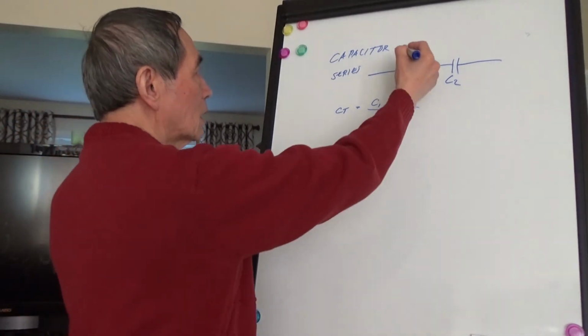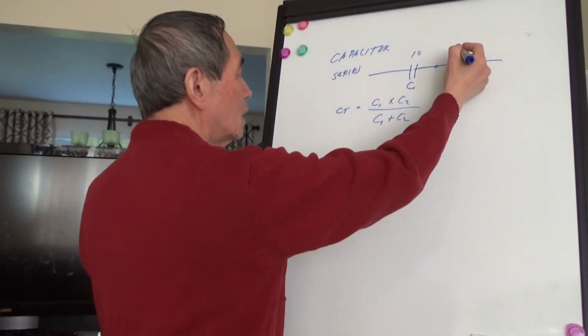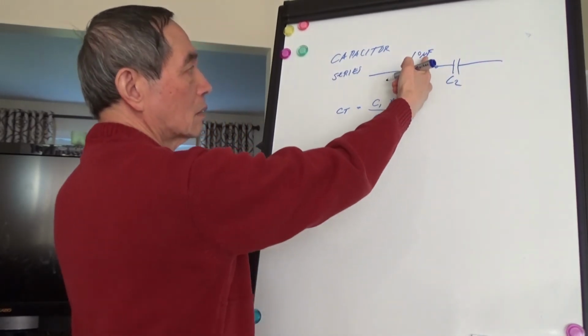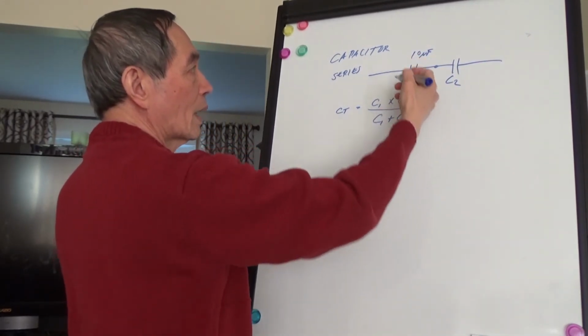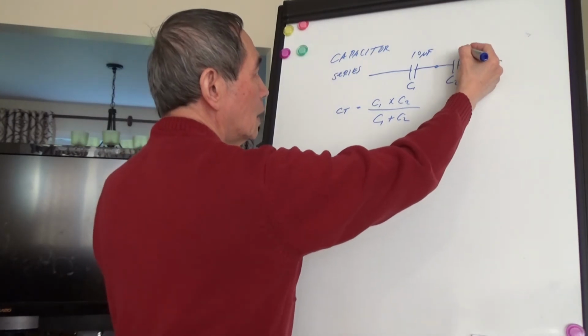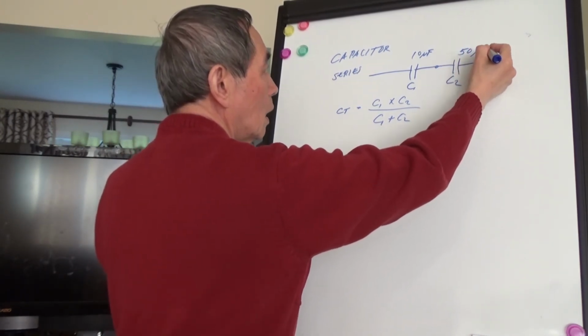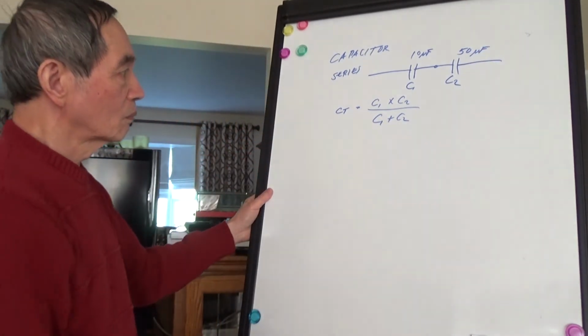Say you have a 10 microfarad, that is the symbol for microfarad, and let's say we have a 50 microfarad.